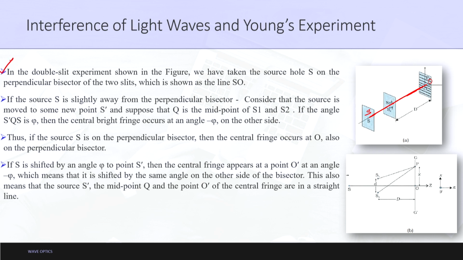If the source S is slightly away from the perpendicular bisector, consider that the source is moved to a new point S dash, and suppose that Q is the midpoint of S1 and S2. What does it try to explain to us? Let us take the case that this source S is moved apart.